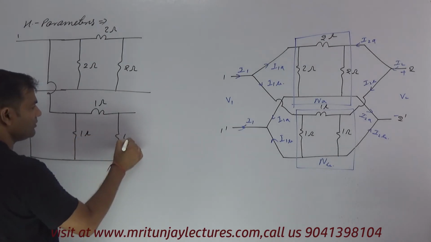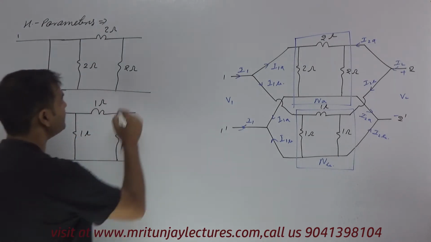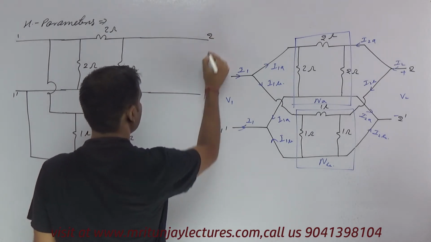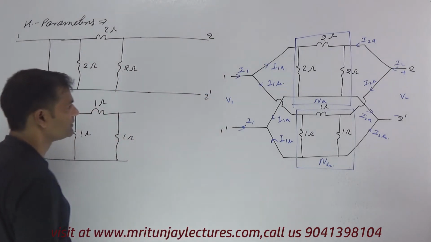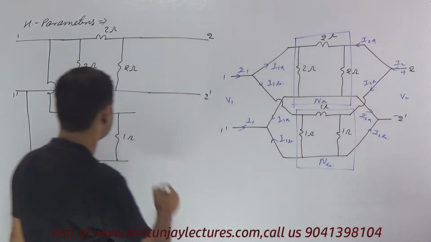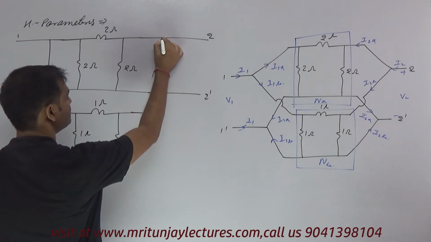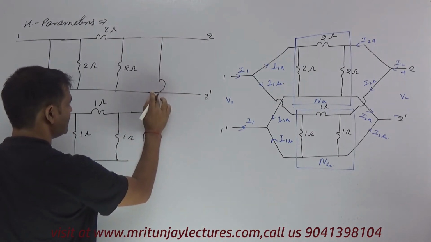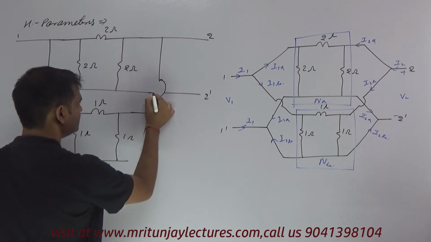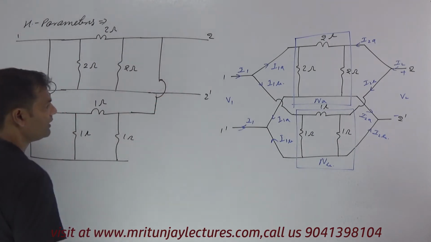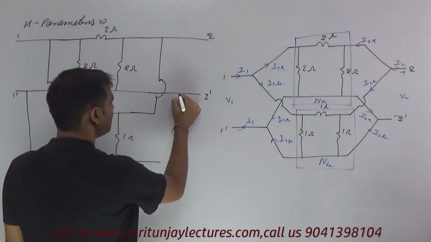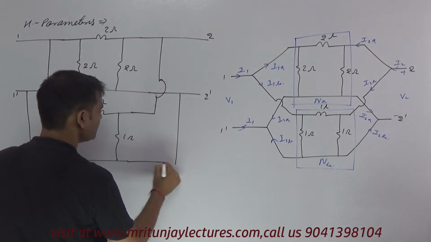Similarly, that is 2, and here 2 dash. This one is connected to this one, and finally the last one is connected to here.